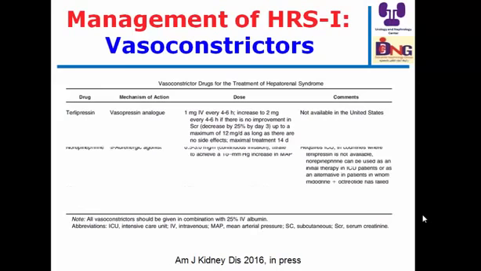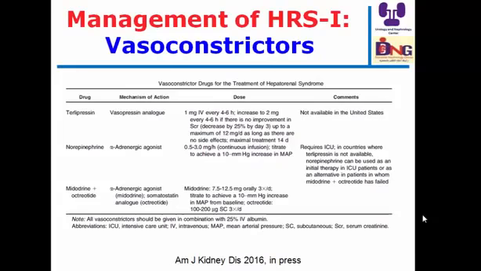If you don't have terlipressin, you may use noradrenaline, norepinephrine, an alpha adrenergic agonist, at a dose of 0.5 to 3 milligram per hour as continuous infusion, titrated to achieve a 10 millimeter mercury increase in mean arterial pressure, and it requires an intensive care unit. And then midodrine and octreotide.